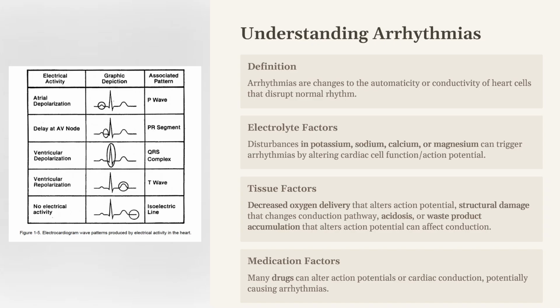It could be from structural damage. It could be from acidosis or an accumulation of waste, like if somebody has kidney issues. And different medications can also cause arrhythmias. As with everything else we're going to discuss, first of all, we want to know what the cause of the arrhythmia is, because we would need to treat that.